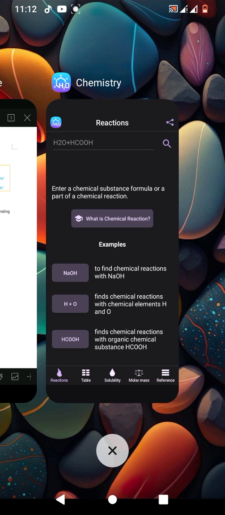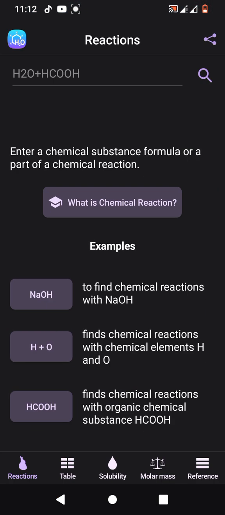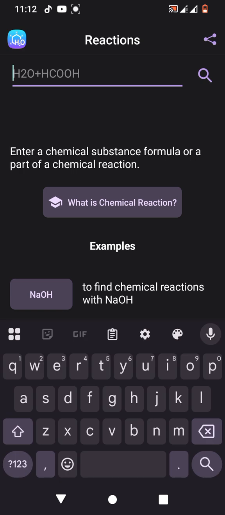So you can use the link, or you can just go to Google Play Store and type chemistry. When you see this app, just download it. It's only about 16 MBs. So it's a very interesting app because it makes our journey through chemistry a lot easier.